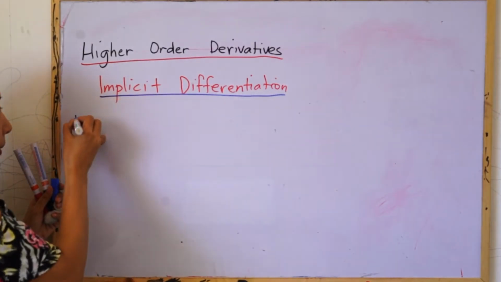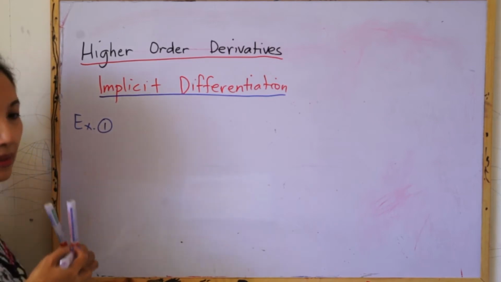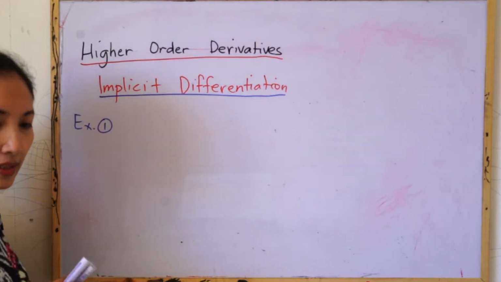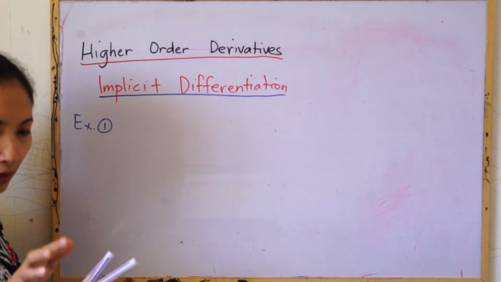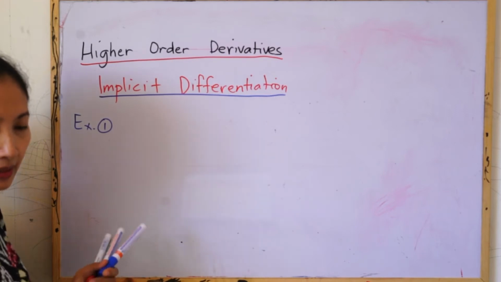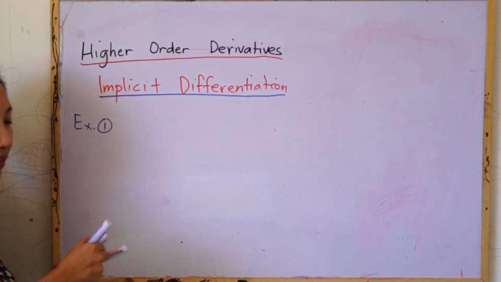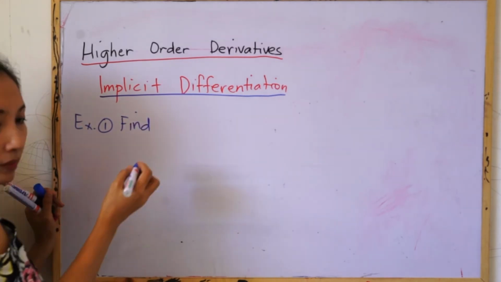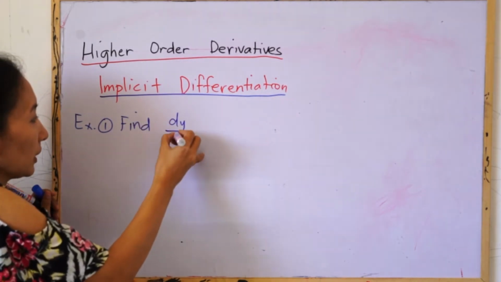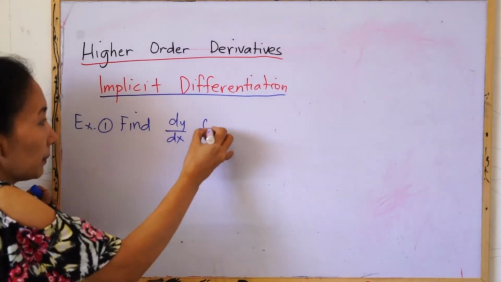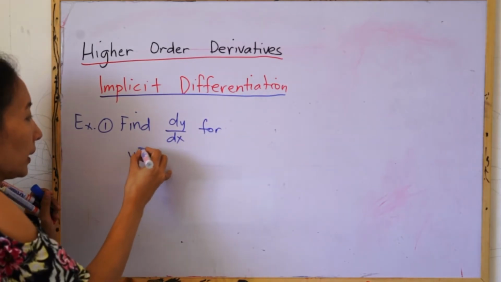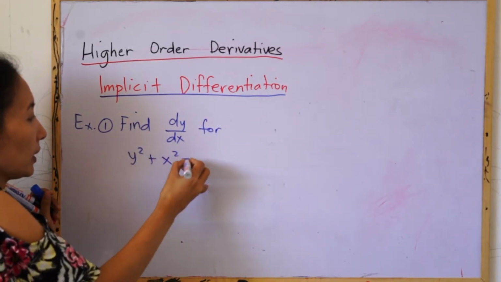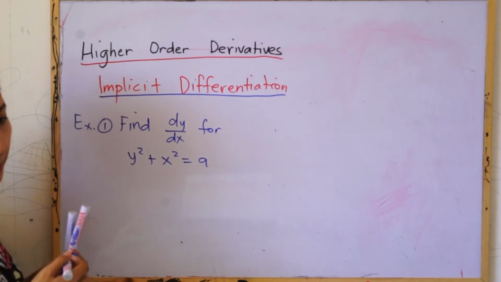So example number 1, although we answered like 2 exercises or problems before, for emphasis, may we add 2 more problems. Find dy over dx for y squared plus x squared is equal to 9. Okay?